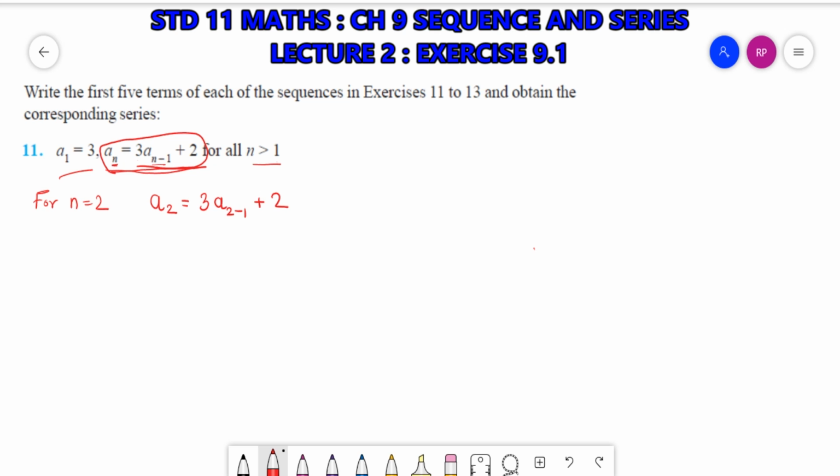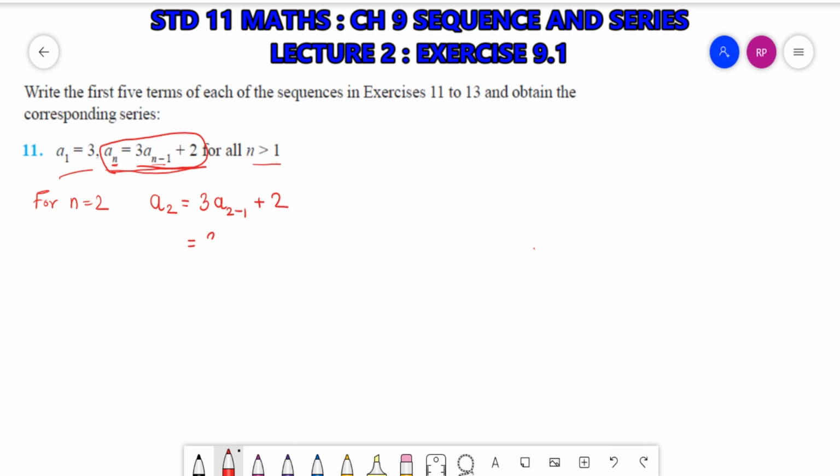Instead of n I put 2, so this will be equal to 3 a1 plus 2. Now it is already given that a1 is equal to 3, so I can put this value here: 3 into 3 plus 2. So 3 threes are 9 plus 2, so a2 is equal to 11.